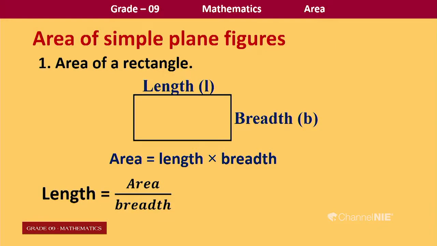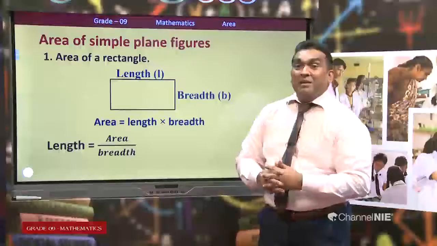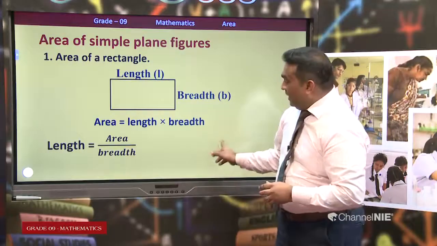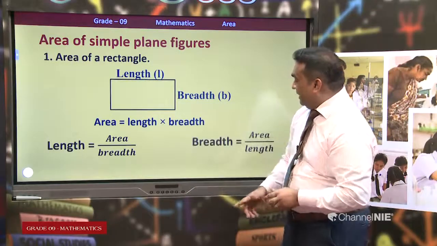If you want to find out the length, there is a special one. Area should be divided by breadth. If you want to find the area, length multiplied by breadth, and if you want to find the length, you have to divide the area by the breadth. Then we will see how to find the breadth.